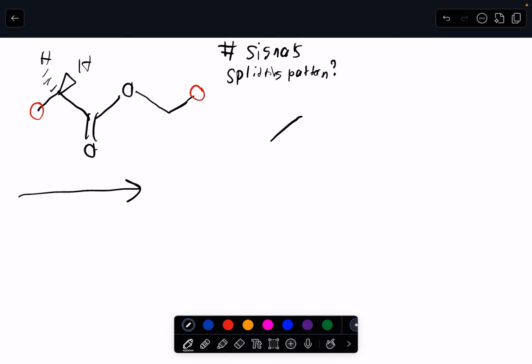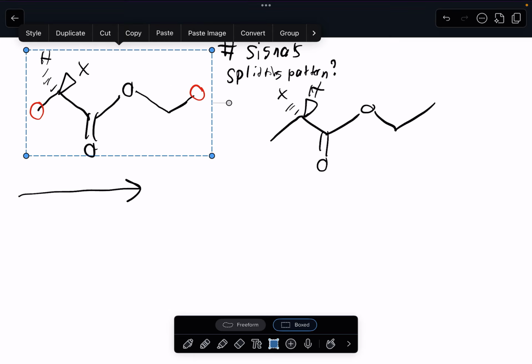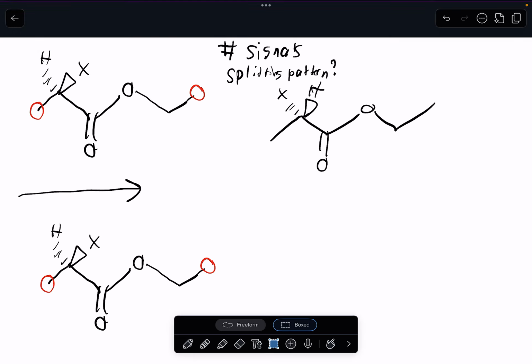Let's see. I'll put this as an X, put this as an X. All we've got to do is get a mirror image. I'm going to duplicate this.